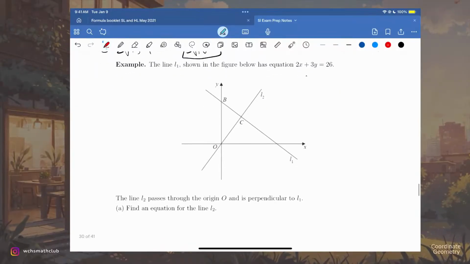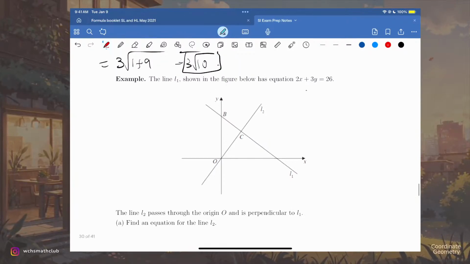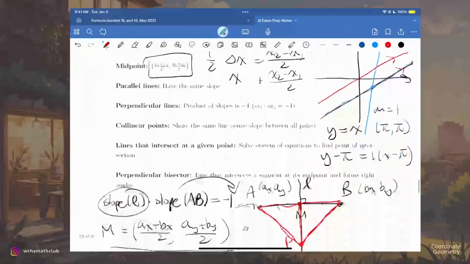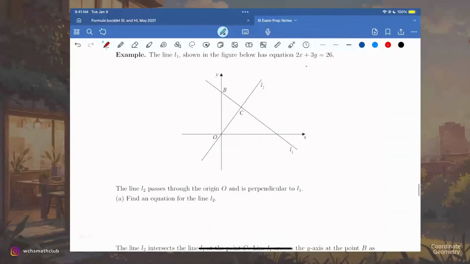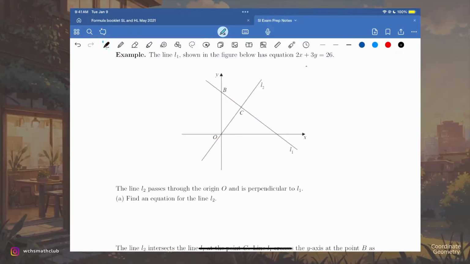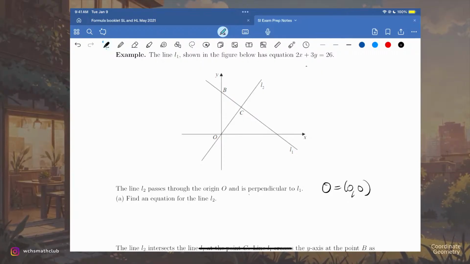Anyways, next example. The line L1 shown here has the equation 2x plus 3y equals 26. So this looks the closest to the standard form that we talked about, right? And the line L2 passes through the origin O, which means the origin is obviously (0, 0), and it's perpendicular to L1.